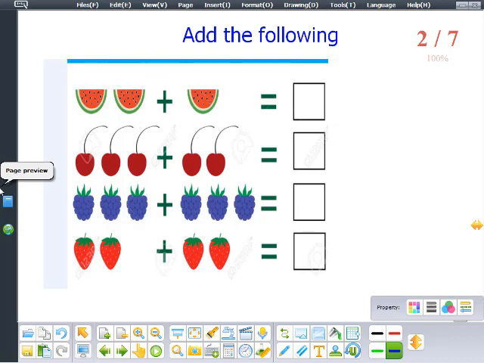Let's write number 2. Well done. What about the other side? How many watermelons do we have? 1. Here I have 1 watermelon. So here we have 2 and here we have 1.